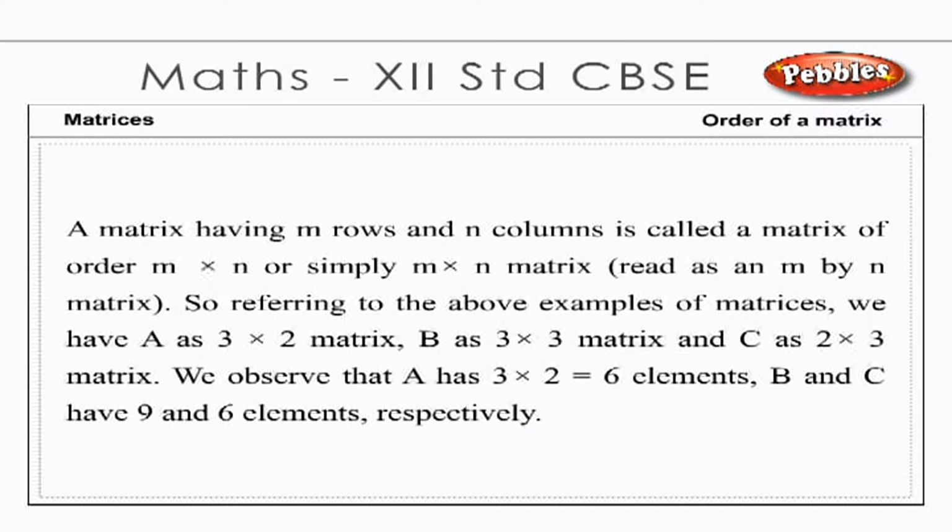So, referring to the above examples of matrices, we have A as a 3 × 2 matrix, B as a 3 × 3 matrix, and C as a 2 × 3 matrix. We observe that A has 3 × 2 = 6 elements, B and C have 9 and 6 elements respectively.